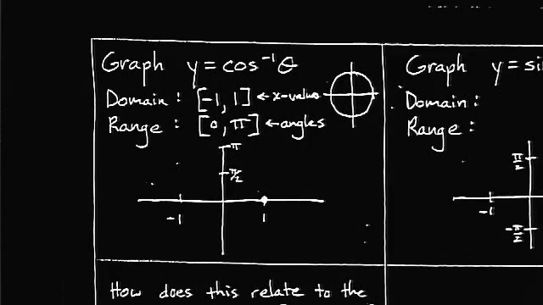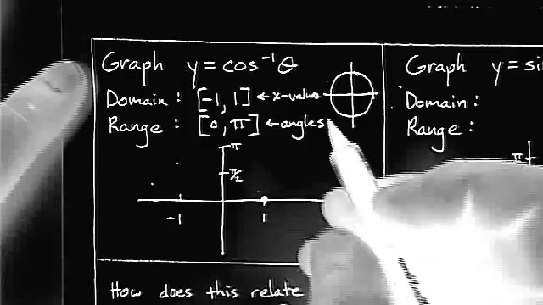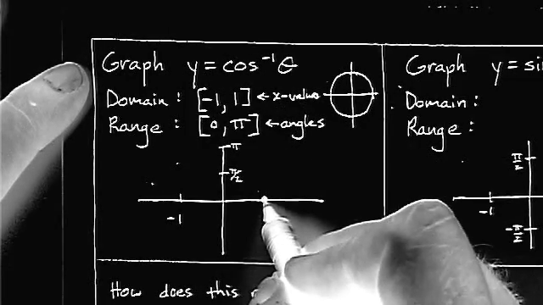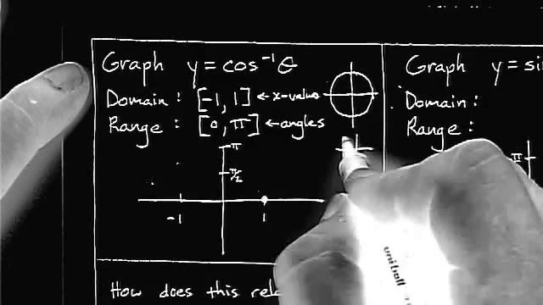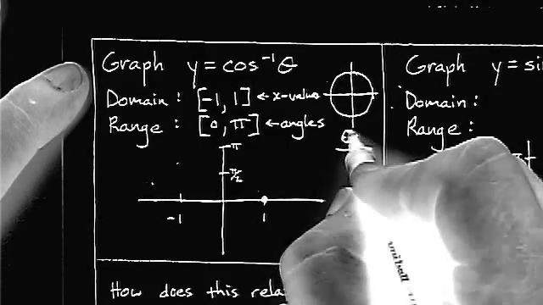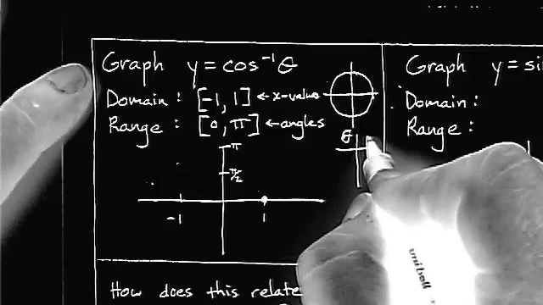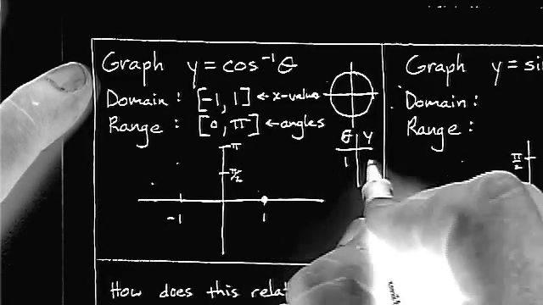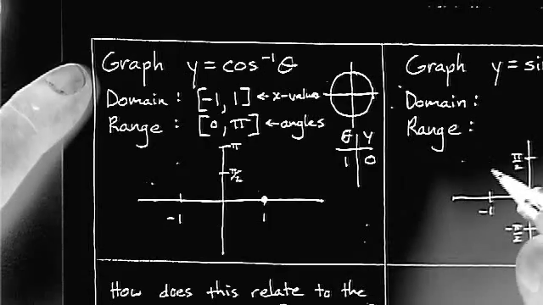That's exactly the opposite of what we had before when we did the cosine function. We were putting in angle measurements and getting out x values. So here we're putting an x value in and getting an angle measurement out. If you are making a chart to think about this, the x value 1 gave us 0 for the radian measure.